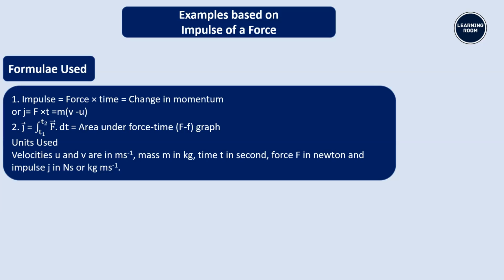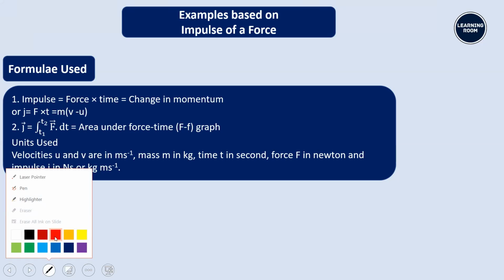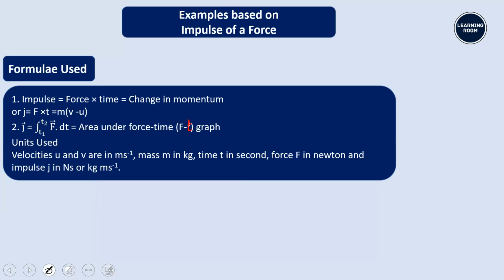Throughout, the formulas that we are going to use, I already discussed. Impulse is equal to force into time, or is also equal to change in linear momentum. So J will be equal to F into T, which is M into (V minus U). Or J vector is also written as the integral from T1 to T2 of F vector dot dt, which is the area under the force-time graph. It is not an FF graph, it is an FT graph.